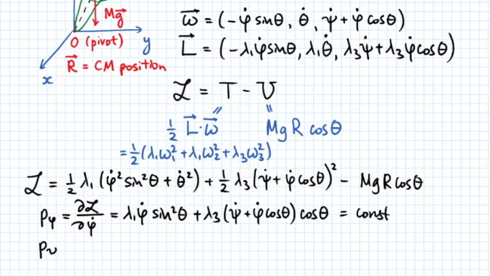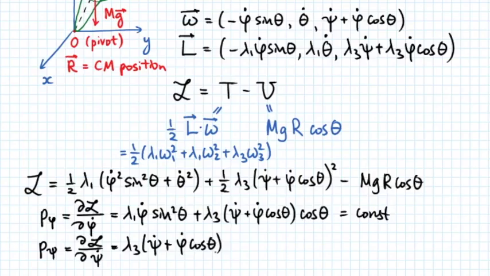Also, momentum p psi, which is defined as the partial derivative of the Lagrangian with respect to psi dot, gives us lambda 3 psi dot plus phi dot cosine theta.